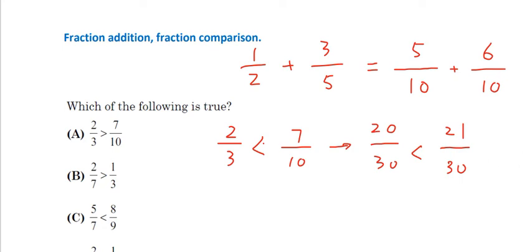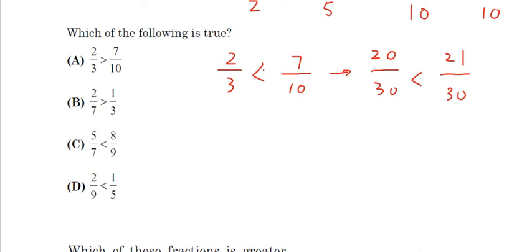We can also say in general, if we compare A/B and C/D, we make the denominator the same, so the denominator is just BD.